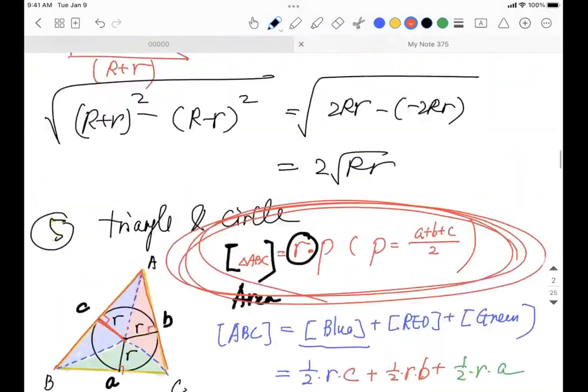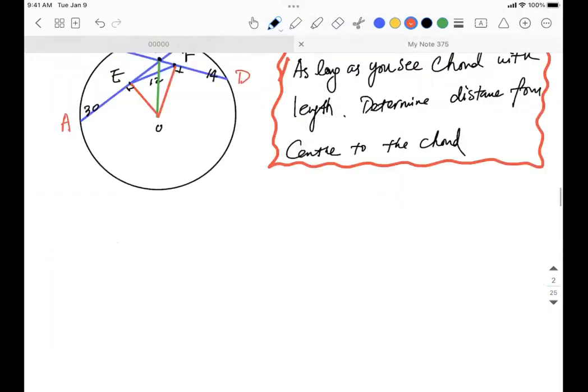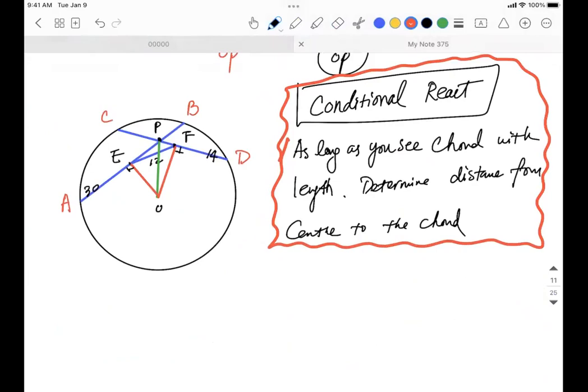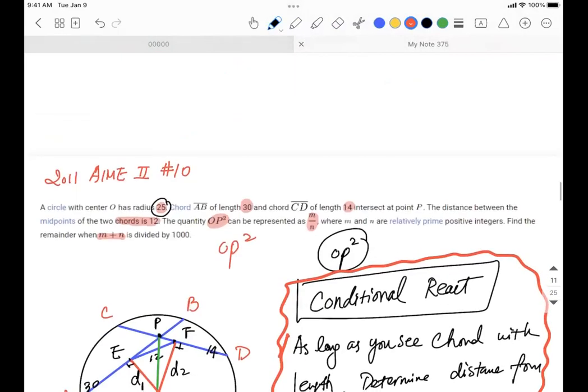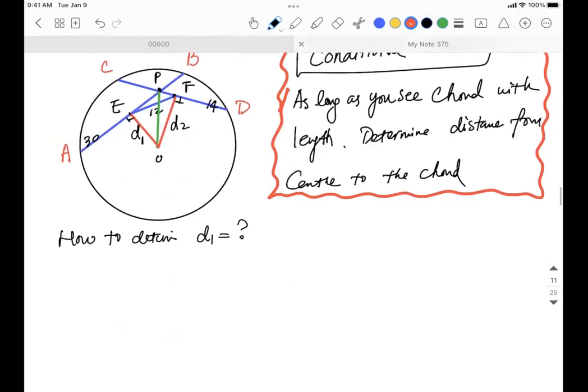Okay, let's come to here. As long as I do that, I would be able to find out, okay, this is my distance 1. This is my distance 2. How can I determine D1? Who can tell me? AO is 25. Mhm. And then you can use Pythagorean theorem.